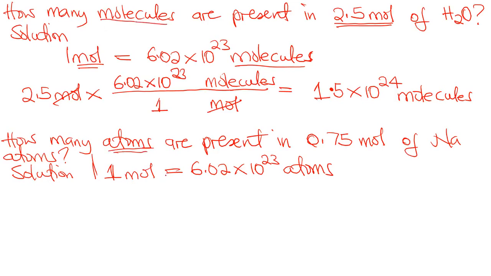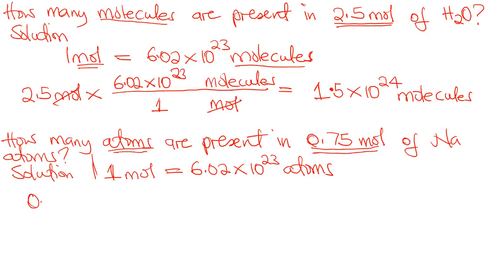So how many atoms are present in 0.75 mole of sodium atoms? So we know 1 mole is equal to 6.02 times 10 to the power 23 atoms. Our given quantity is 0.75 mole.